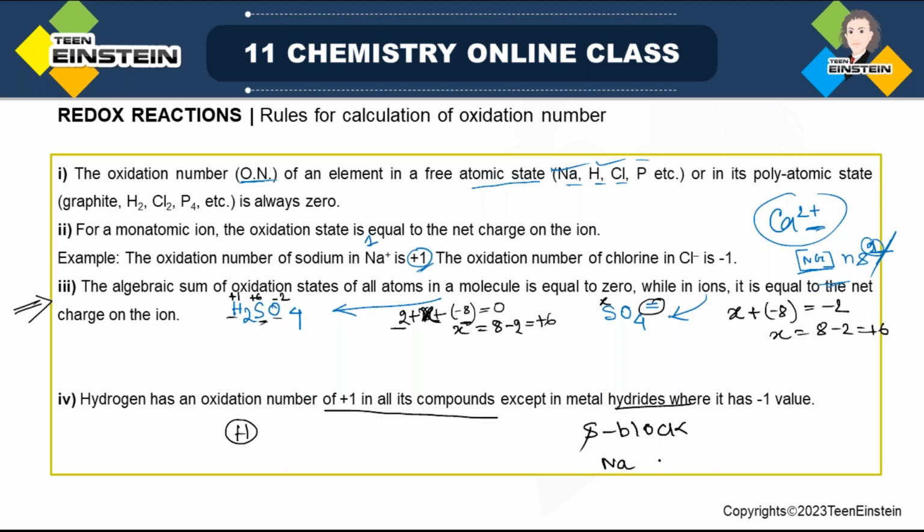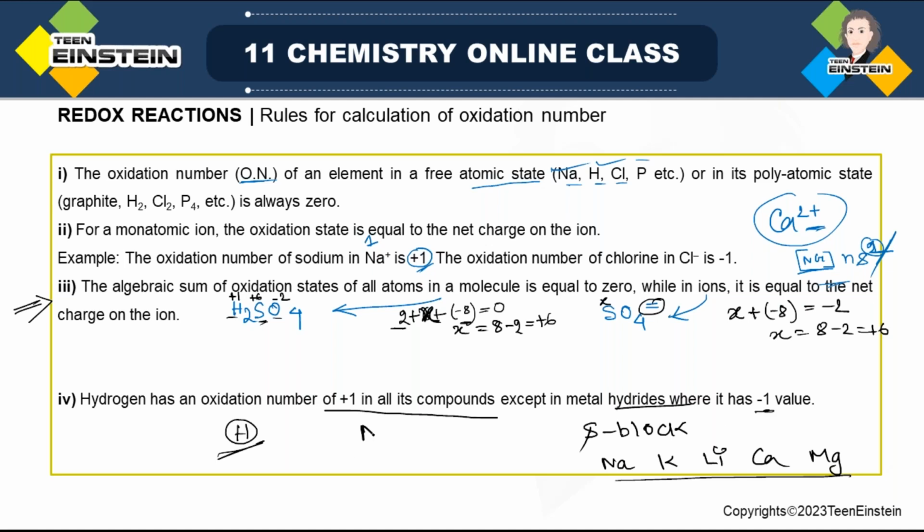So it is sodium, potassium, lithium, calcium, magnesium. When you have these S block elements, group 1, group 2, with hydrogen, obviously all these elements are more electropositive compared to hydrogen. Now hydrogen cannot have +1. So it will always have a -1 value.